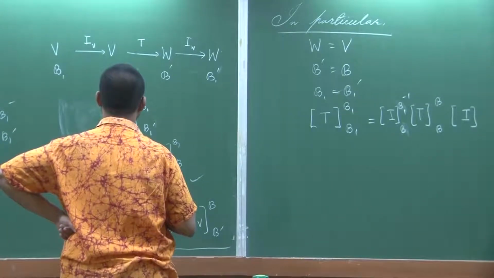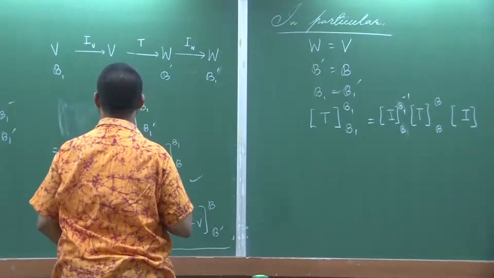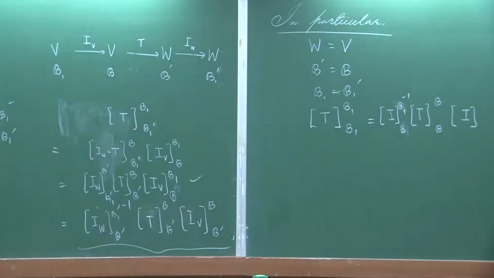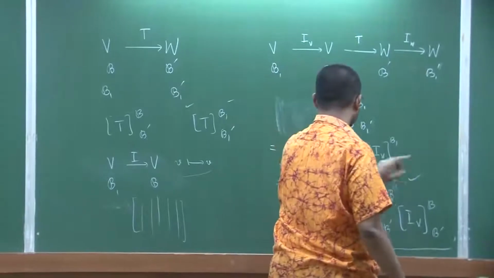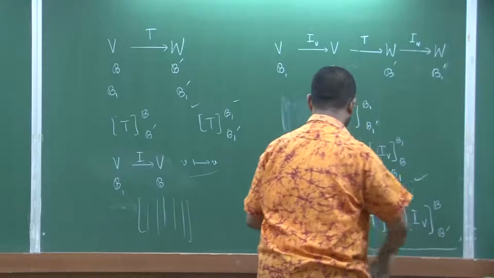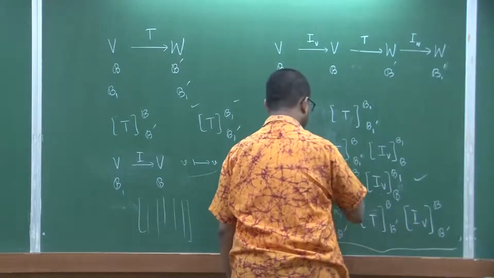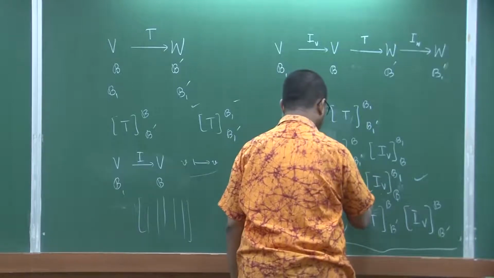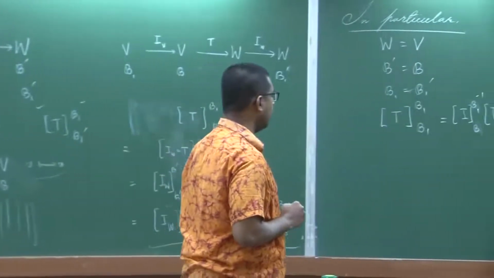So, B1 prime, that is this relation. First we take the matrix of the leftmost one, namely here I_V B1 B, and then this B1 prime. Then when we break it here, we first again take this B prime and then B prime B1 prime. That is what we are having here.